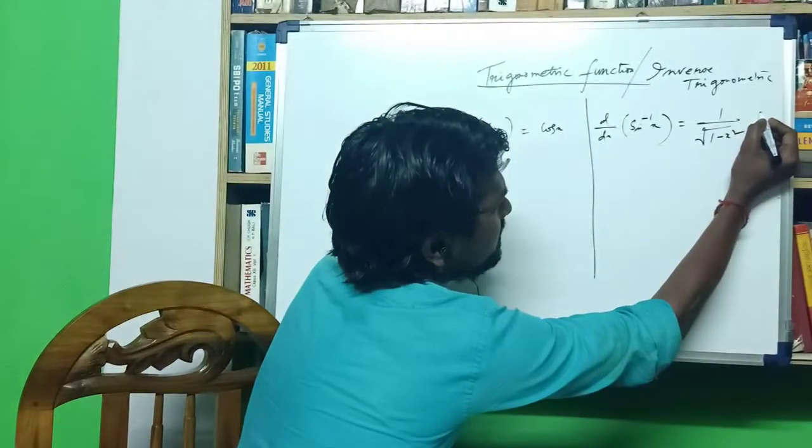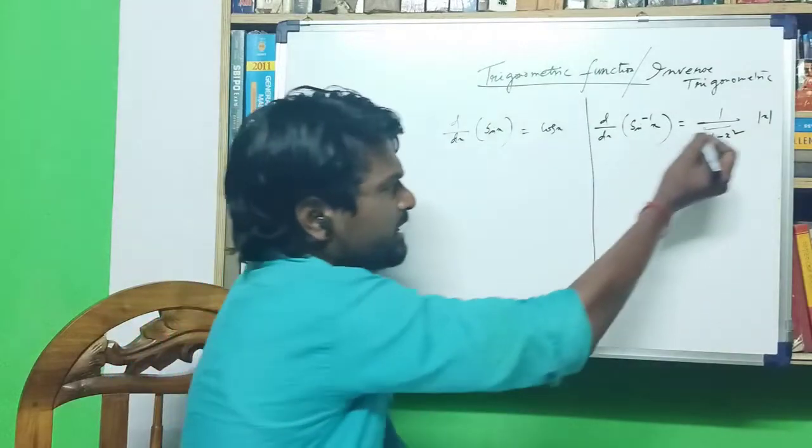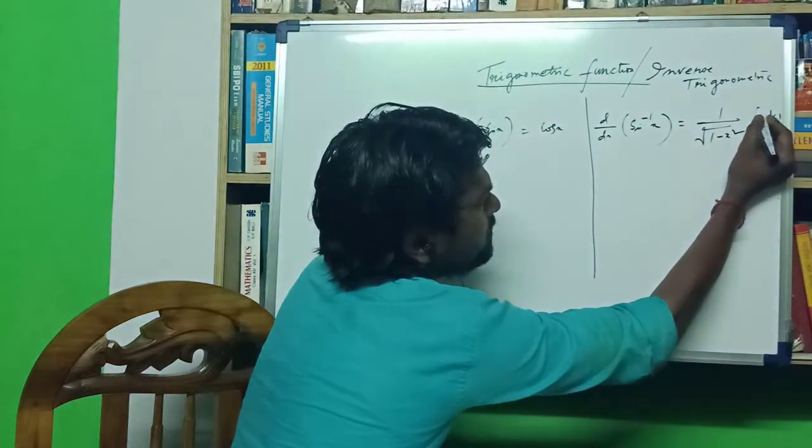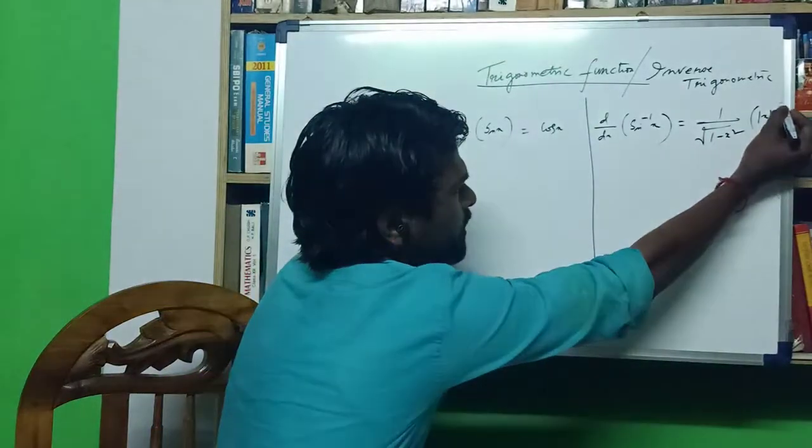Here it is mentioned that mod of x is less than 1. So you have to specify that here.